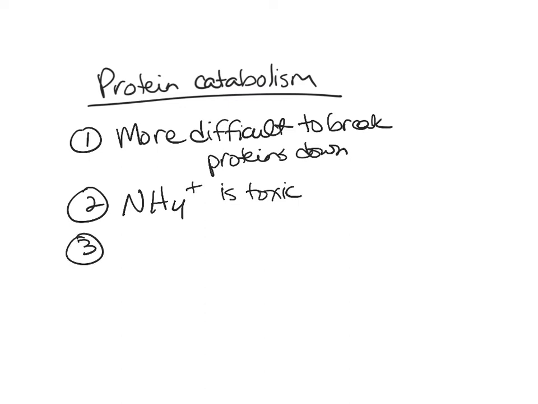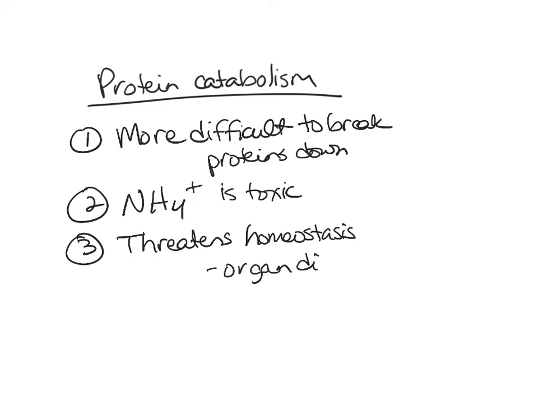And the third reason is that breaking down proteins threatens homeostasis. You're basically breaking apart the cells of your body in order to produce ATP. So that's going to cause some type of organ disorder, organ failure. So it's not a great idea to try to use protein to get your energy.